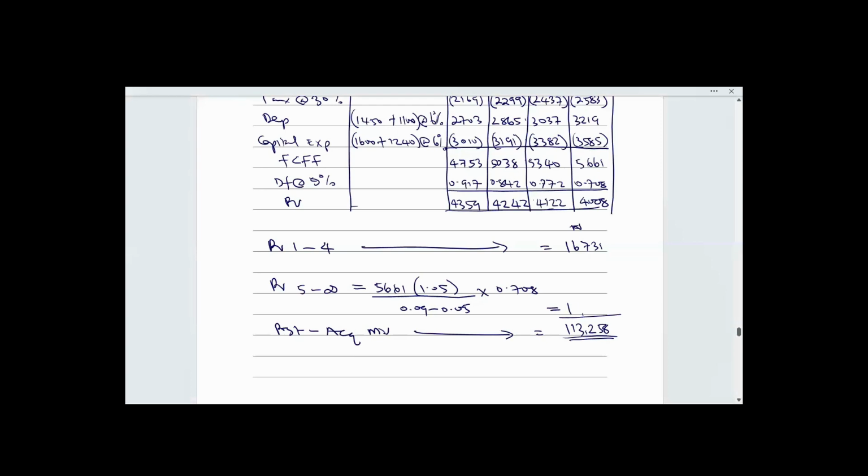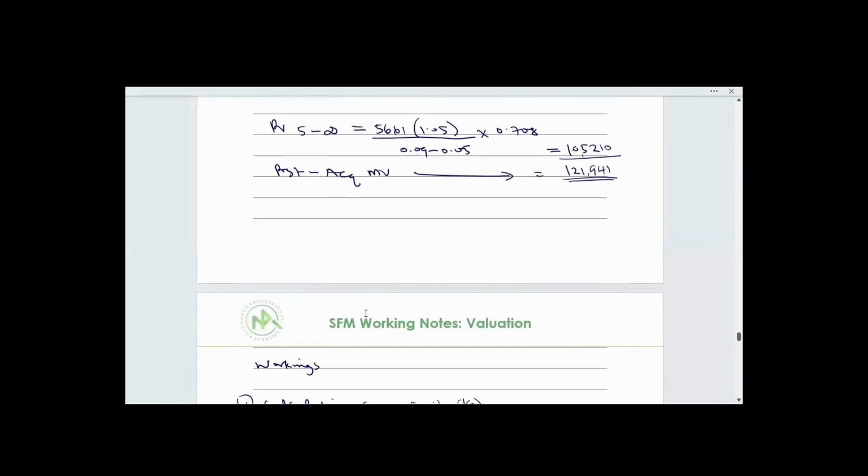Then plus 16,731 equal 121,941. Thank you for the observation.